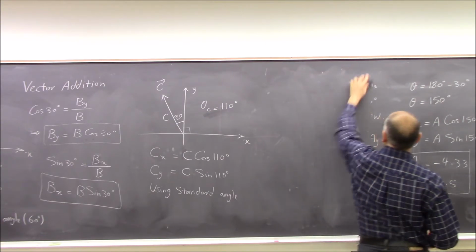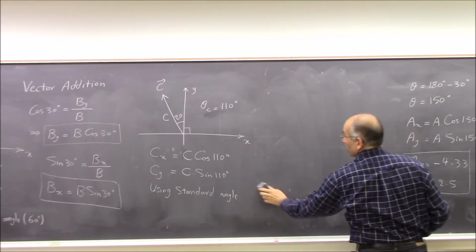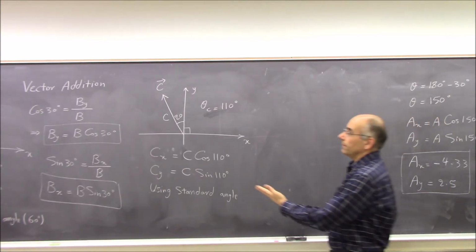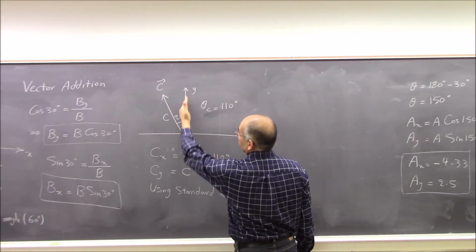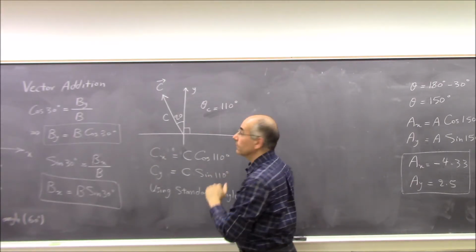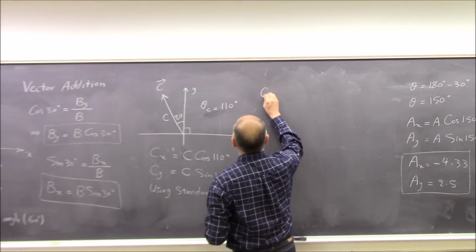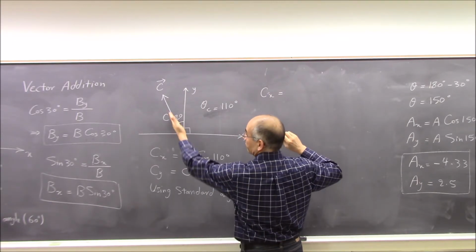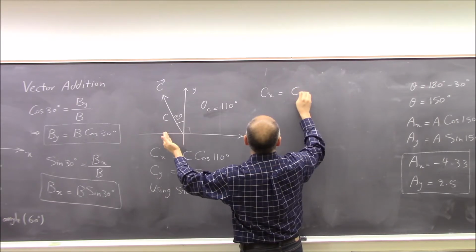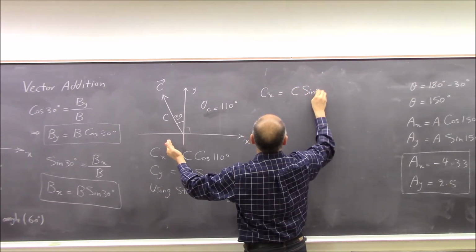If you use a non-standard angle, you want to write in terms of the 20 degrees that is given. Then you look at whether the x or y component is adjacent to the 20 degrees. Cx is not adjacent, so it comes with sine: magnitude C times sine 20.